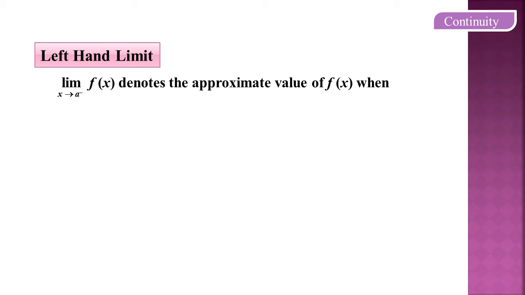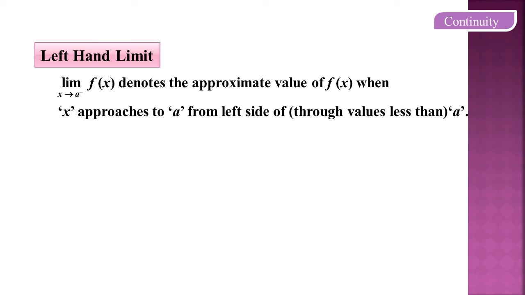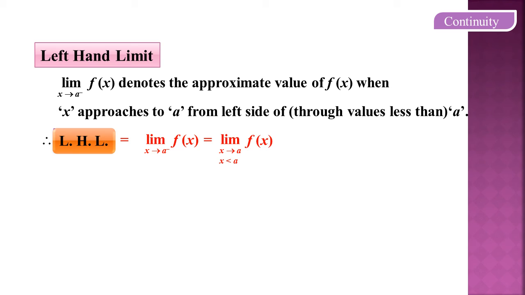Limit as x tends to a minus of f of x denotes the approximate value of f of x when x approaches a from the left side of the given point a. Similarly, we can write it as limit as x tends to a, where x is taking values less than a, or x less than a.